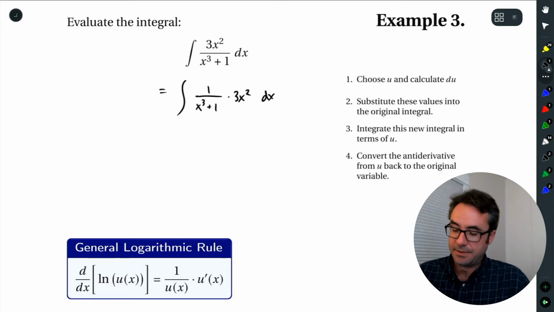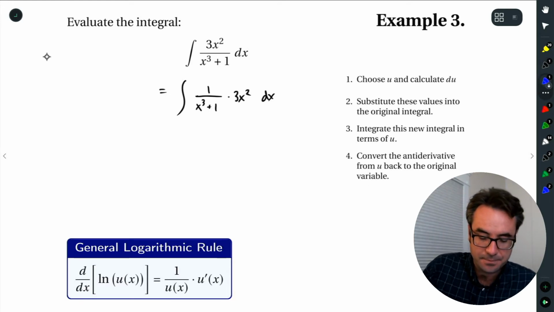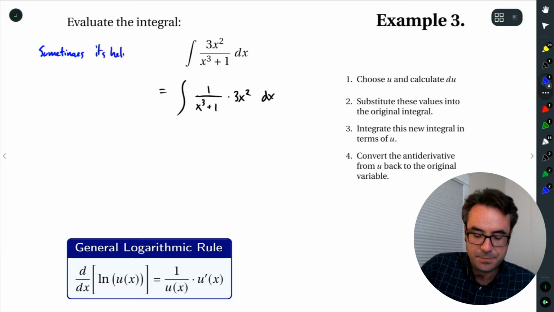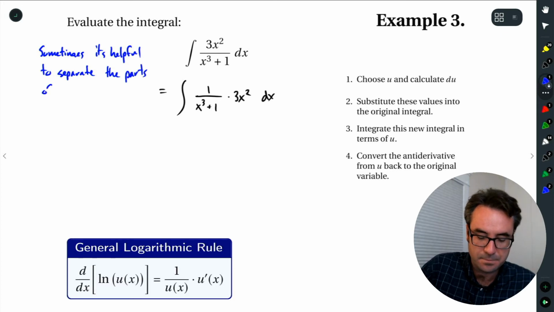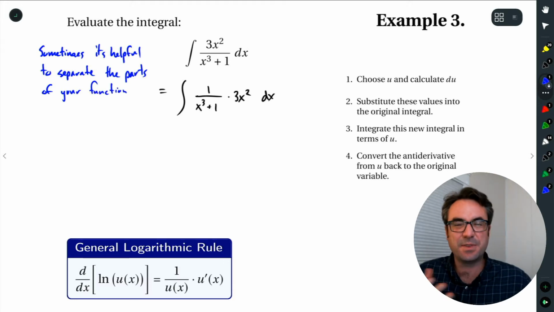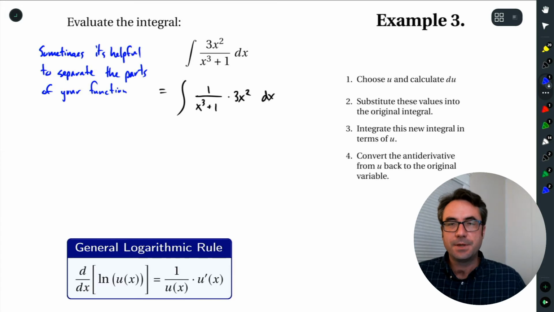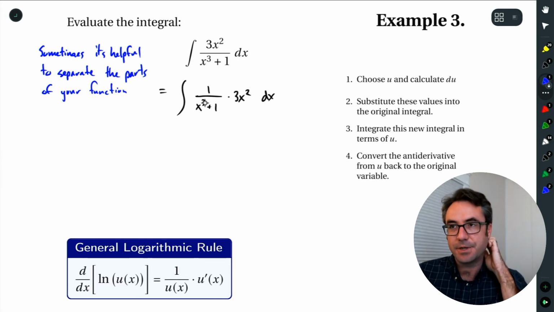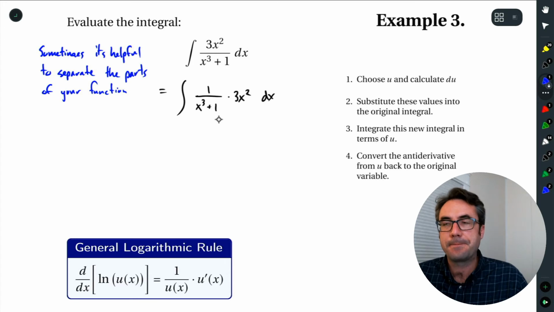Now when you separate it like this, and this can be a helpful thing to do, if you're ever stuck and not sure how to choose u, sometimes it's helpful to break your function apart and separate the different parts. So try factoring it out. You have multiplication here: 1 over x cubed plus 1 times 3x squared.